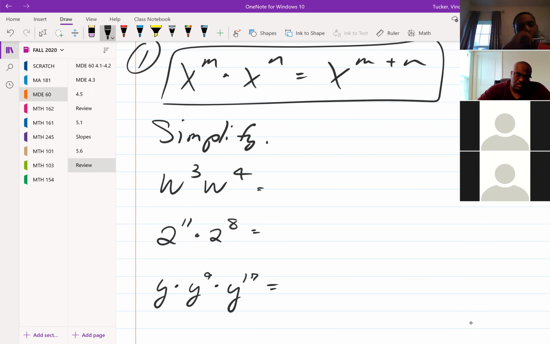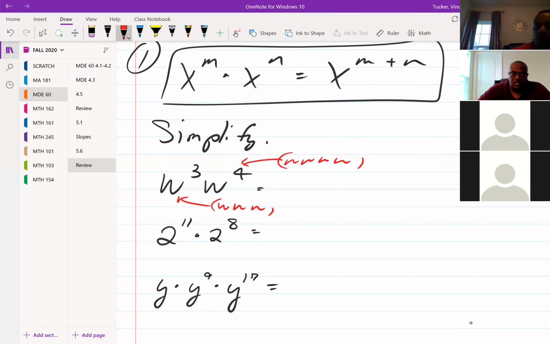All right, so looking at the first rule, if our bases are the same, then we just add our exponents. Reason being, in this first one, let's look at w to the third power times w to the fourth power. W to the third power is w, w, w. W to the fourth power is w, w, w, w. So altogether, we have 7 w's.